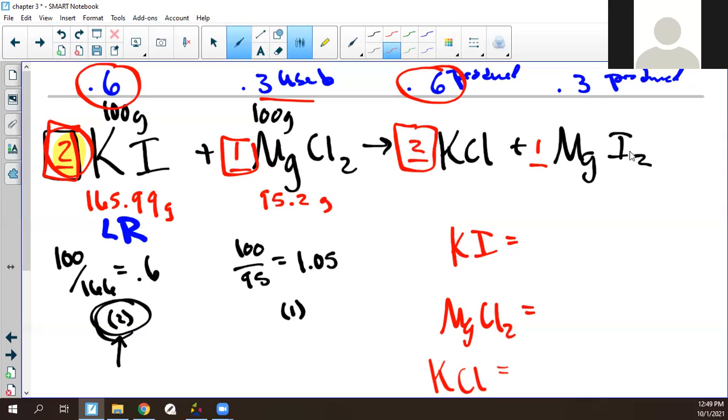Because look, I took their given, divided by their molar mass to find moles. Then, keep looking at me, I used their ratio of coefficients to determine how many moles there were. The last step, I just multiply by their molar mass. That's the picket fence, just not all drawn out. We'll go over it. I know you're like, what?